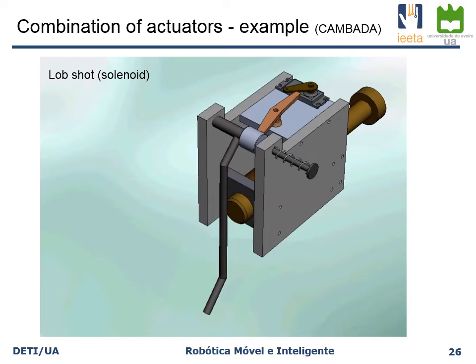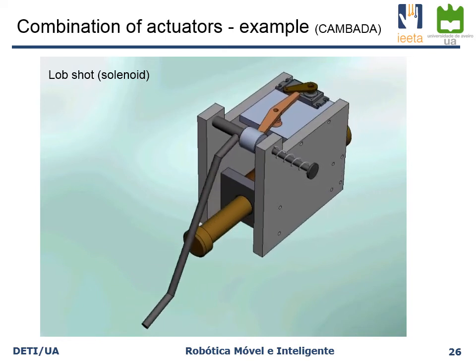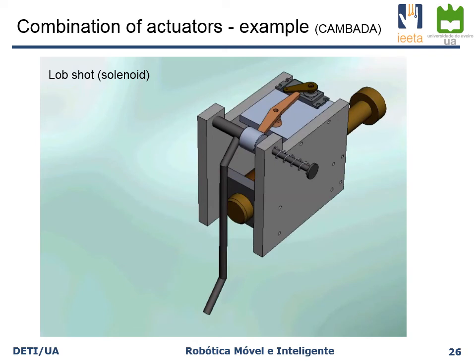I can show you how this works in practice. You can see that if we apply the current, this is what happens. So the plunger moves forward and then moves the kicking part that shoots the ball.